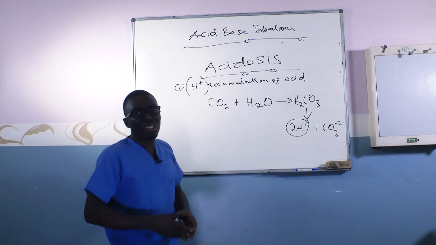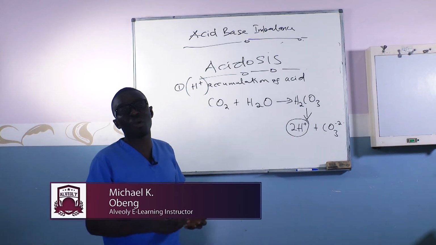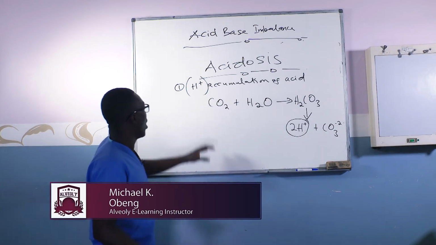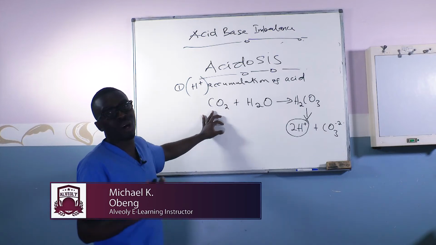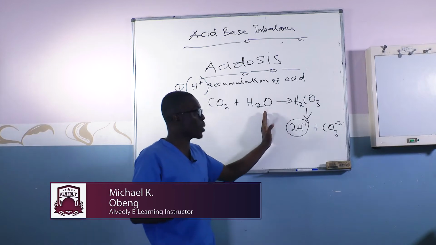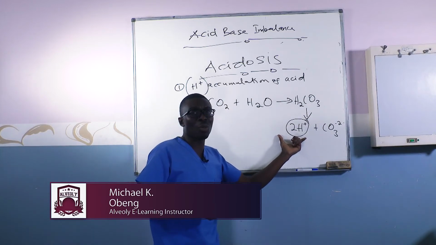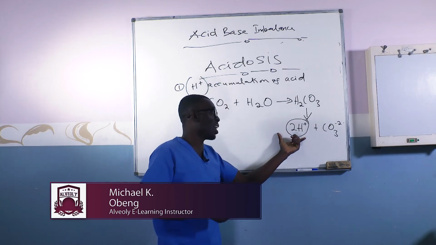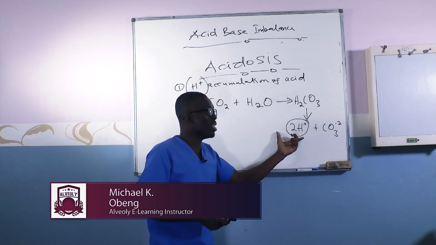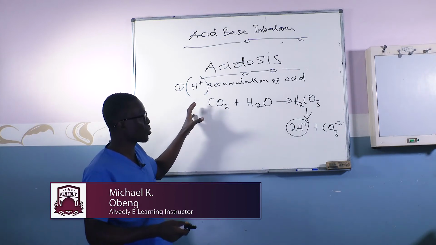Acidic. But how does your blood become more acidic? One thing that can lead to your blood becoming more acidic is that if there is excessive accumulation of carbon dioxide in the body, then this carbon dioxide will combine with water, will produce carbonic acid, then it will lead to the release of what? Hydrogen ions. Then the excess hydrogen ions will let your pH become less than 7.35. Then your blood becomes more what? Acidic.